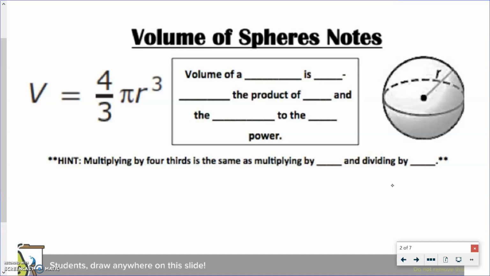So, in layman's terms, the volume of a sphere is 4/3 the product of pi and the radius to the third power.